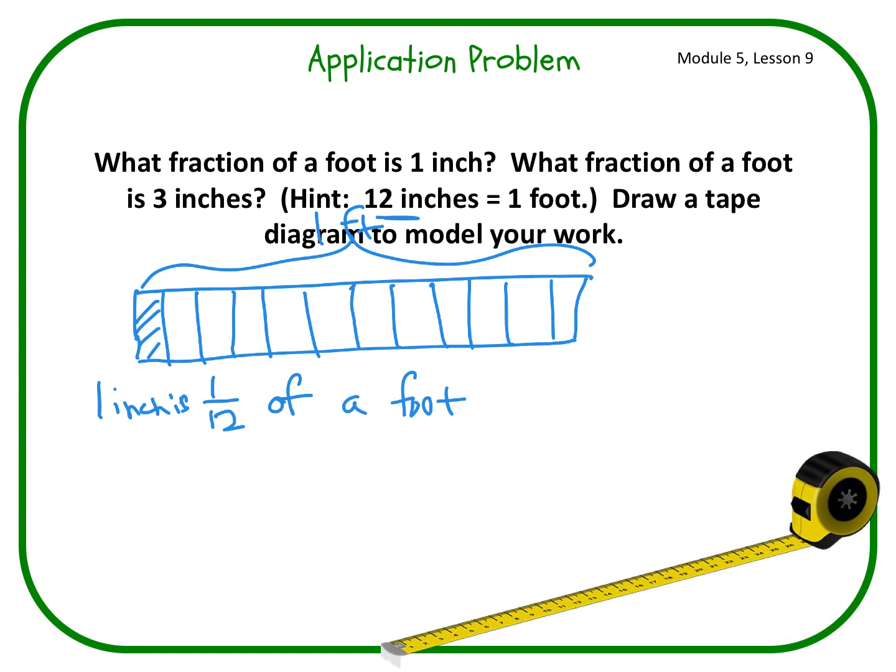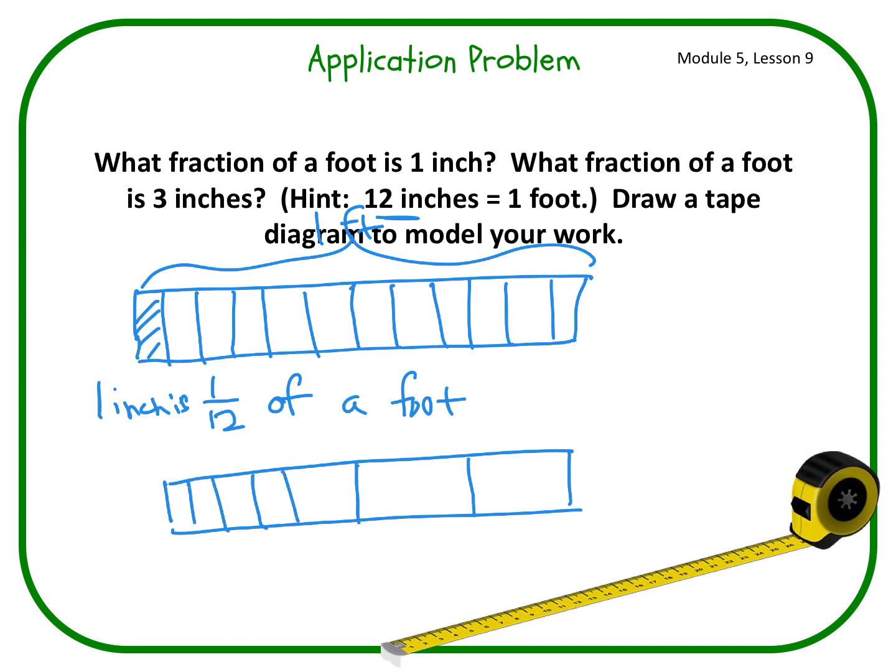All right, now I'm going to do this again, and this time I'm going to shade in 3 of my parts. So I actually want you to look at what I'm doing here. Okay, I've got my 12 parts, right? I'm going to shade in 3 of those.